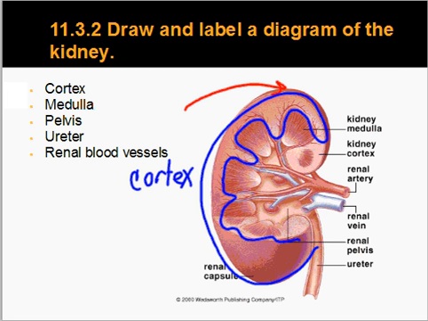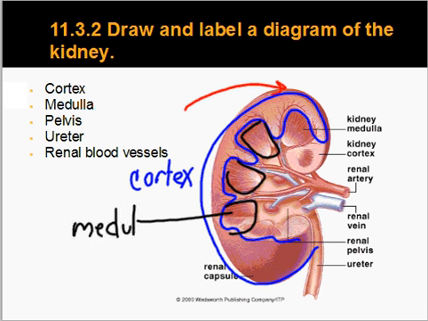Going further in, you're going to see these shapes that look like corn kernels or whatnot. And those are called the medulla. And finally, if you go all the way inside, past the cortex and past the medulla, to this area here, which is called the pelvis.